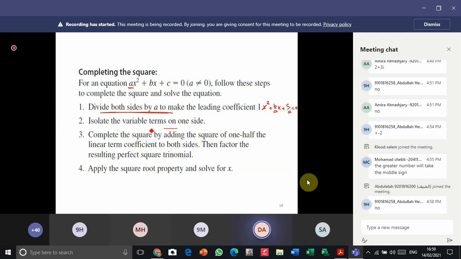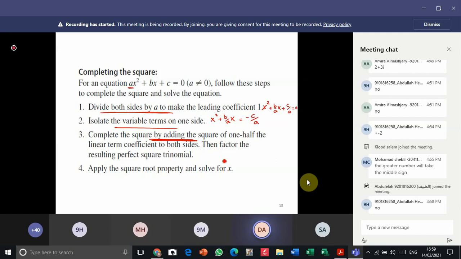Now isolate the variable term. So put x squared plus b over a x on the left hand side and the number on the right hand side, like this. Now complete the square. We need to add to both sides the half of the coefficient, the half squared, or the square of the half of the coefficient of x.